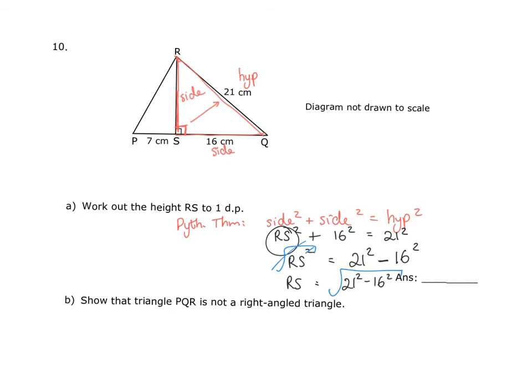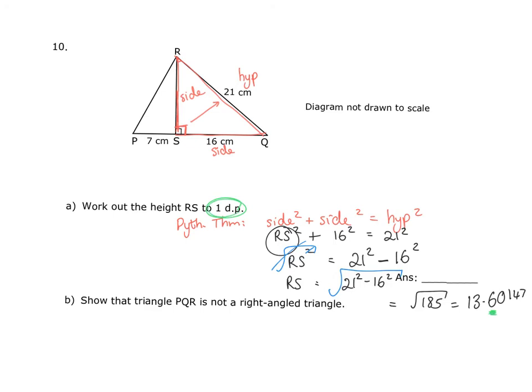So use a calculator: square root of 21 squared minus 16 squared, and that's the square root of 185, and the final answer is 13.60147, etc. But we need our answer to 1 decimal place.